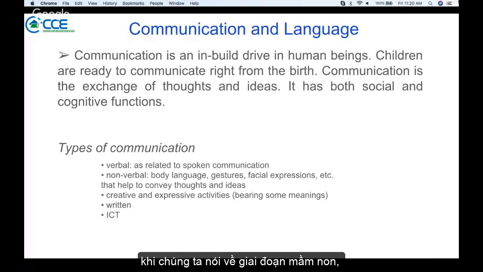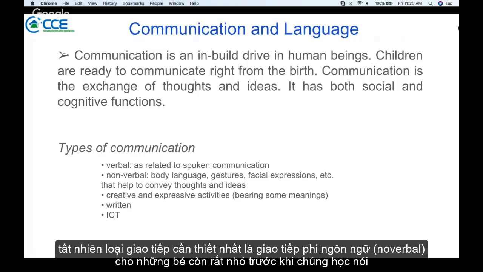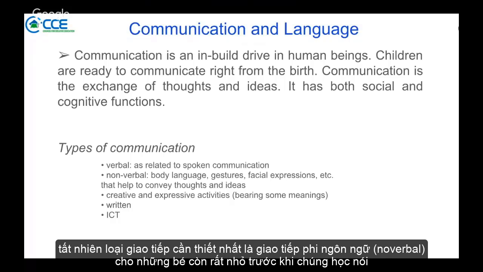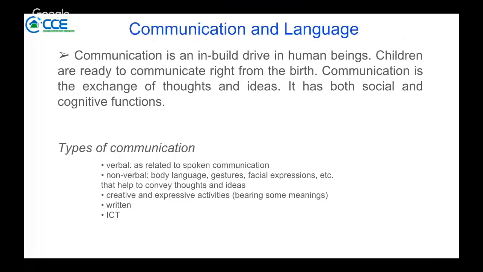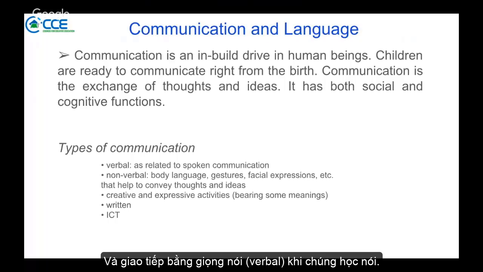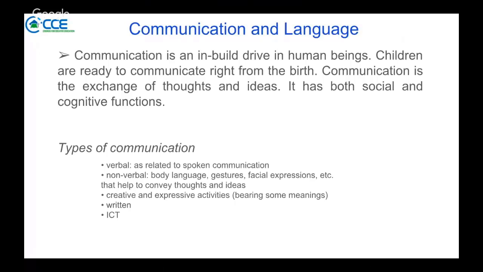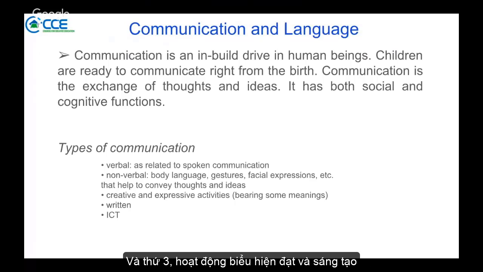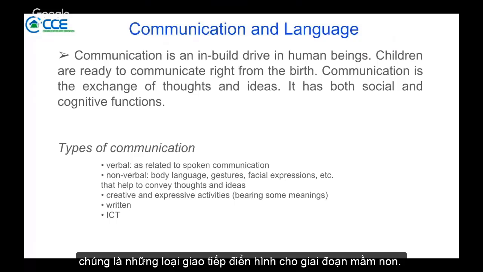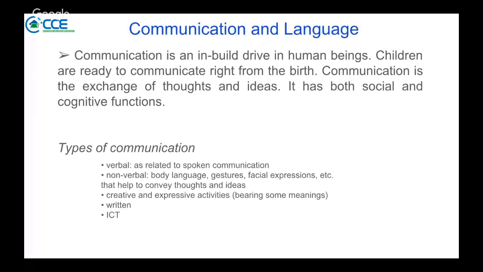But when we talk about early childhood, the most essential types of communication are nonverbal for the very young ones before they even learn the skill of speaking, and verbal when they learn to speak. And the third, the creative and expressive activities. So those are the most typical types of communication for the early childhood stage.